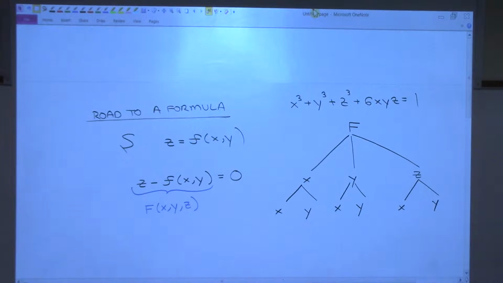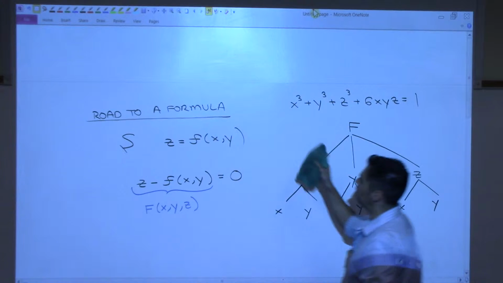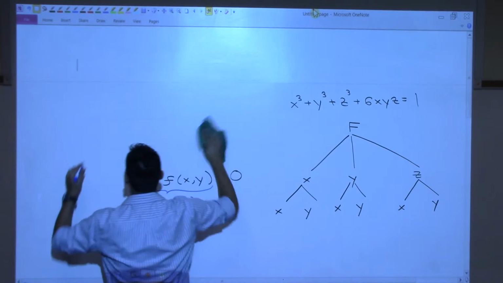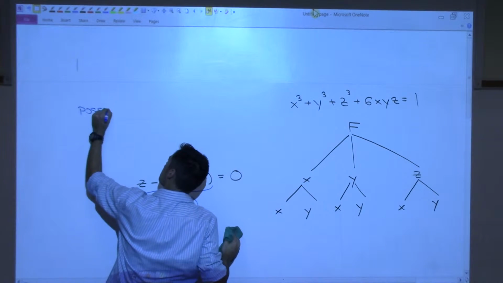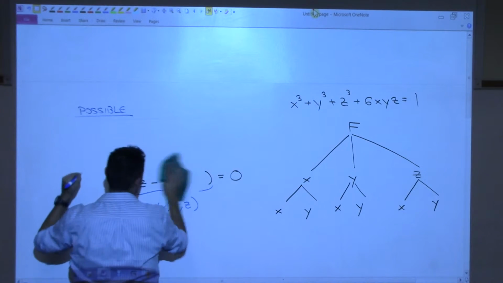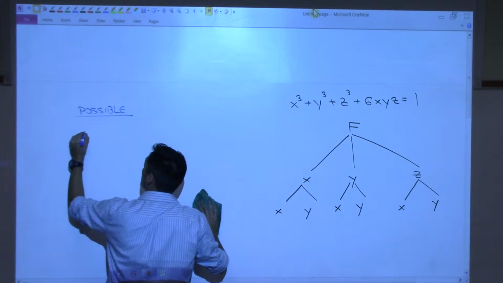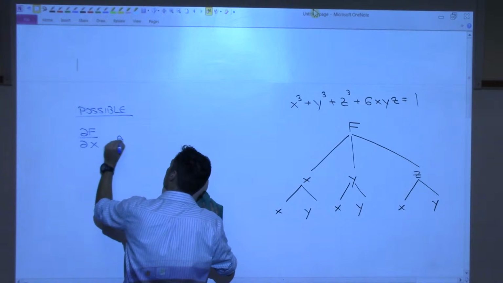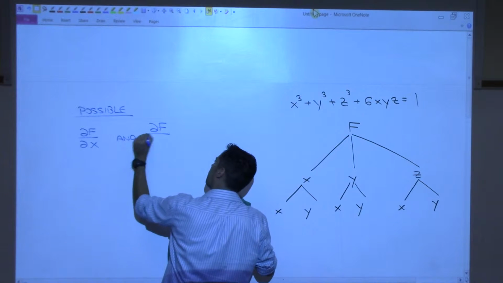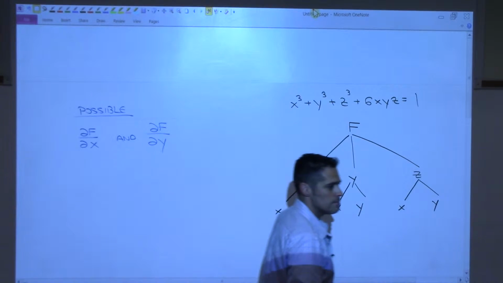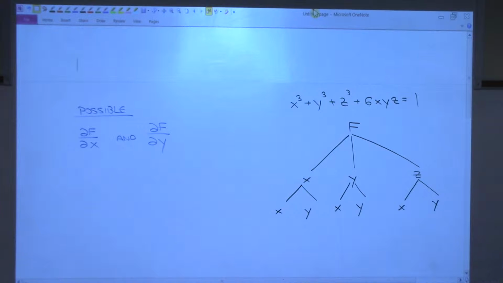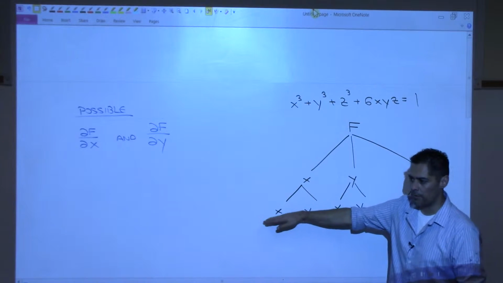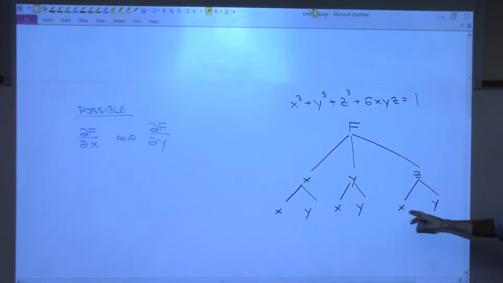Partial capital F with respect to X and partial capital F with respect to Y. Nope, because look, the bottom row is what we're going off of, right? Because if I know X and Y, then I'll know Z and back up.